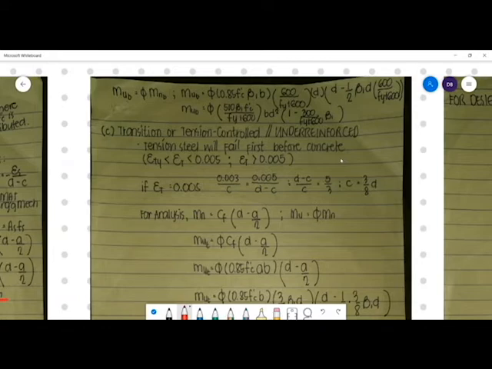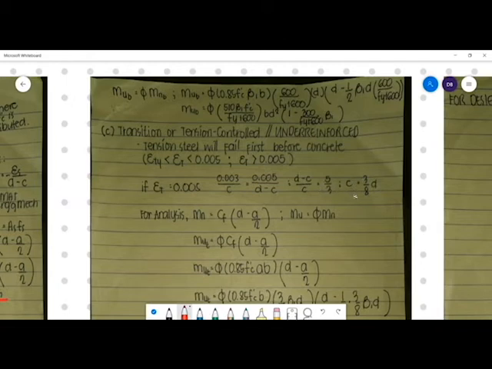So ε_t is less than 0.005 for tension control, no? ε_t is greater than 0.005. If ε_t is equal to 0.005, from the formula that we derived earlier, 0.003/c is equal to 0.005/(d − c). (d − c)/c is equal to 5/3.